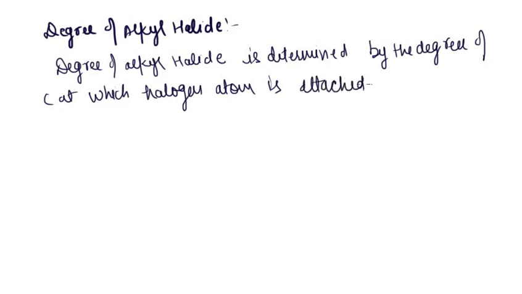Means we do not directly determine the degree of alkyl halide. The degree of alkyl halide is determined by the degree of the carbon which is directly attached with the halogen group.